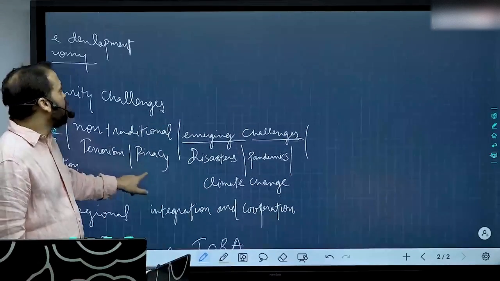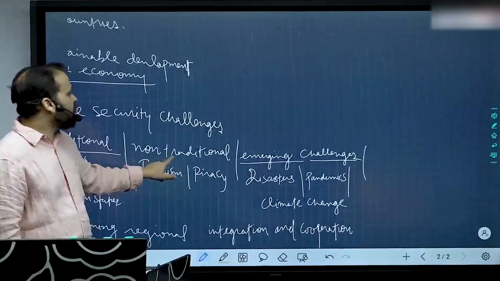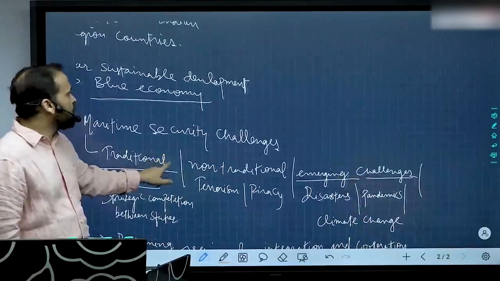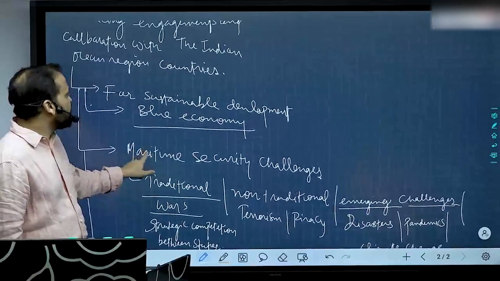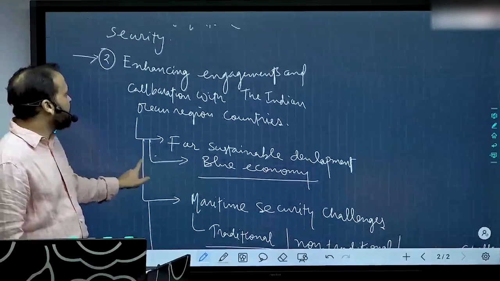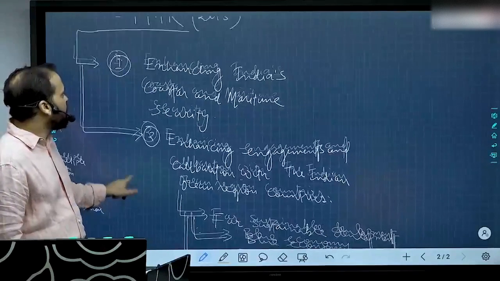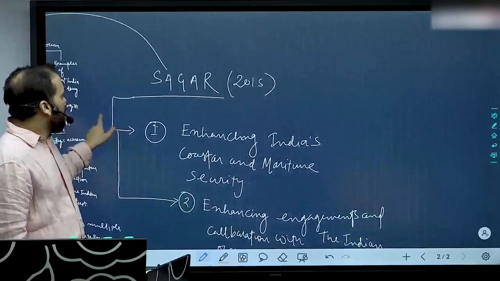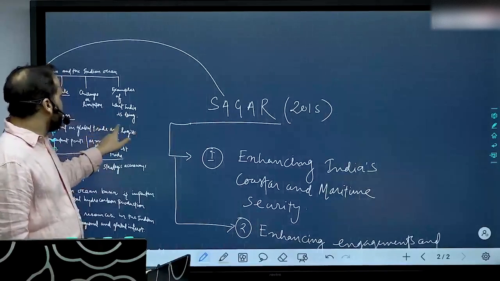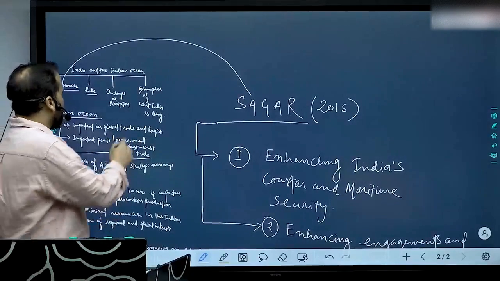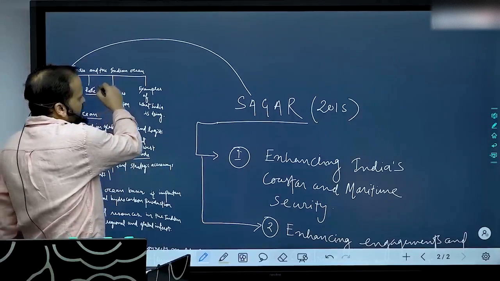Right. Now moving on, we said that largely this is India's approach, a certain collective approach of ensuring its own security. Now we can also identify India's role flowing from its approach.